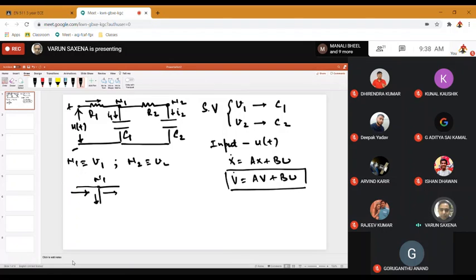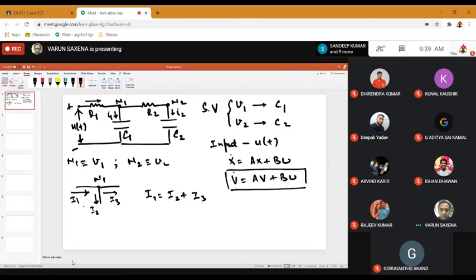So this is basically your KCL. Suppose I call this current I1, this current I2, and this current I3. Then I can write at this node that I1 is equal to I2 plus I3.